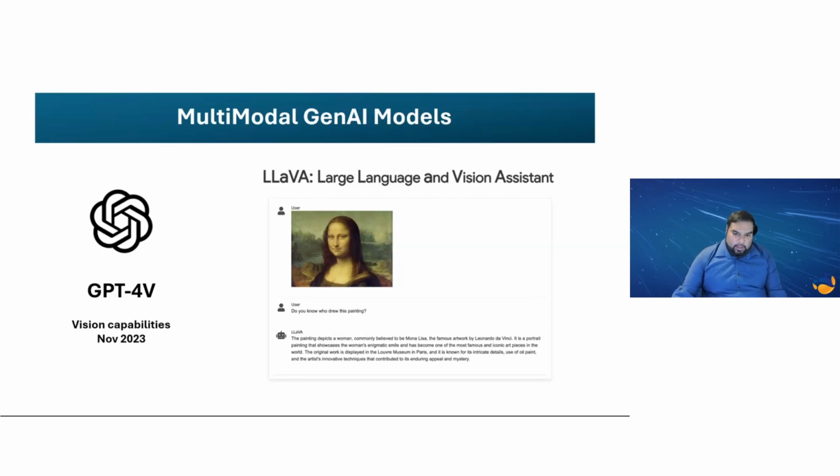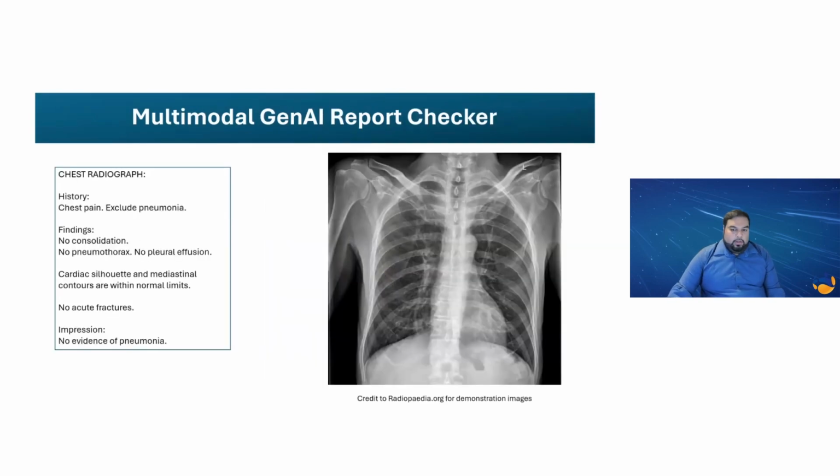And here you can see LLaVA being asked a question about a painting, and it's responding saying, "This is the Mona Lisa." It's giving a pretty intricate description. Being in radiology, we are very much in the business of imaging. So is there scope for a multimodal error checker to evolve to actually look at your report, check that the statements you're making are true to the image as you're doing it?